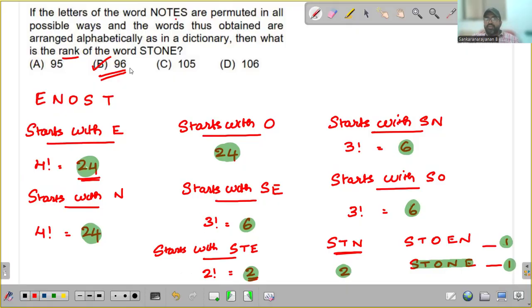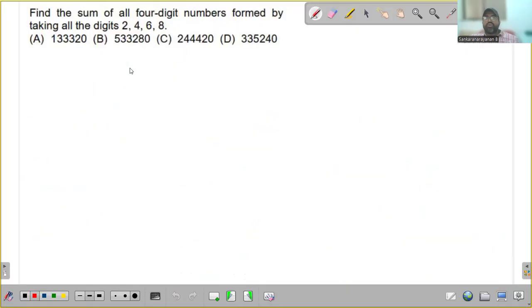Now, there is another type of question, you know, it's all about finding the sum of all the 4-digit numbers formed by taking all the digits 2, 4, 6, 8. You can see that 2, 4, 6, 8, when you are considering all those digits, they are distinct. So please note, one thing I can observe here is all the digits are distinct. Okay.